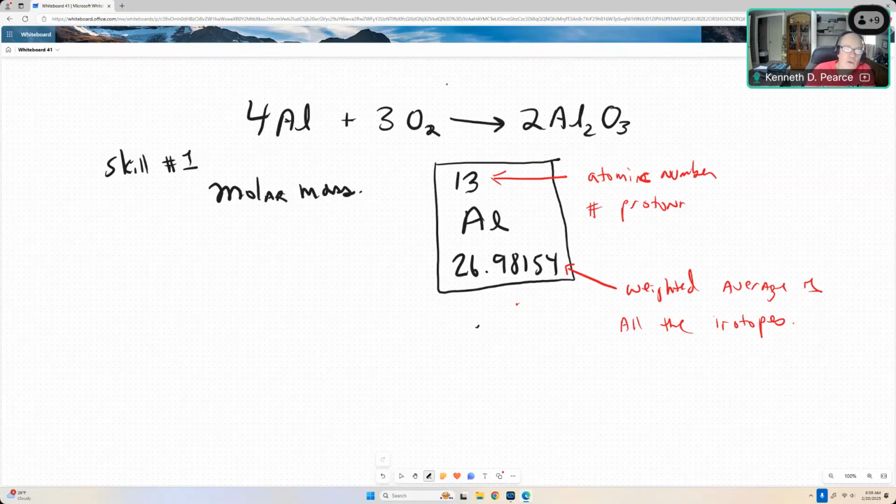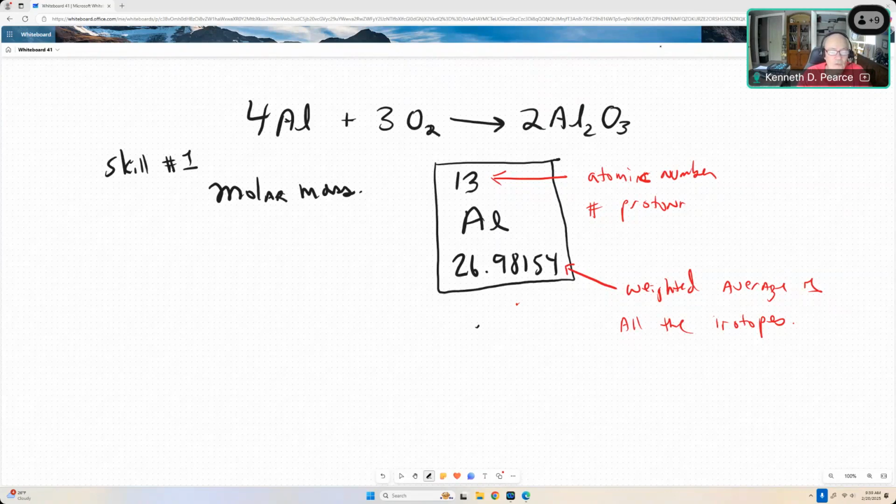And so one way to look at this is we're going to get 4 atoms of aluminum with 3 molecules of oxygen to get 2 molecules of aluminum oxide. And how would we use this in reality? Well, I need to get a bottle of aluminum and count out four aluminum atoms, and the same thing with oxygen, count out 3 molecules of oxygen.